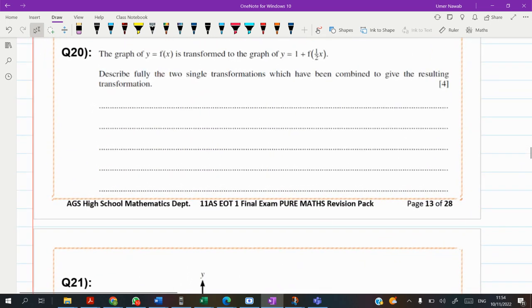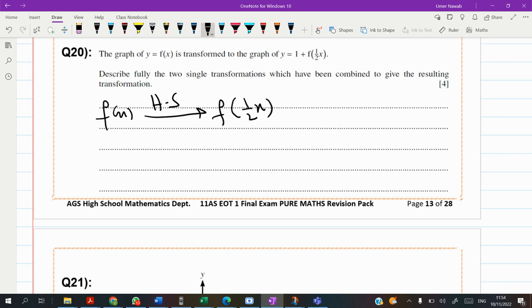Next question, number 20. He gave us two transformations. First, I think the best way is we want to do f of x to f of half x, which is telling you horizontal stretch with a scale factor of 2, and then after that vertical translation, which is (0, 1).